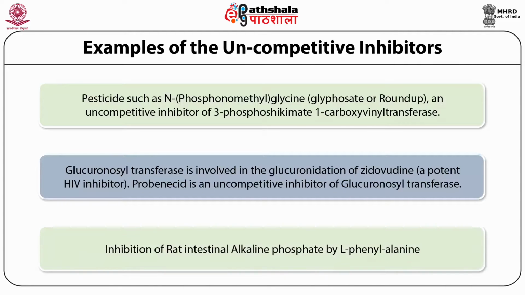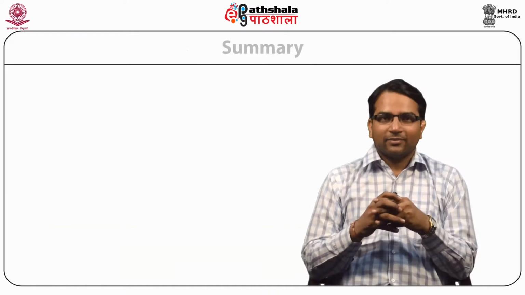Another example is mixed inhibition, where the binding of inhibitor is dependent on binding of substrate, and at the same time binding of substrate is also dependent on binding of inhibitor. So in non-competitive inhibition both bind independently, in uncompetitive inhibition the inhibitor is dependent on the substrate, and in mixed inhibition both are dependent on each other.